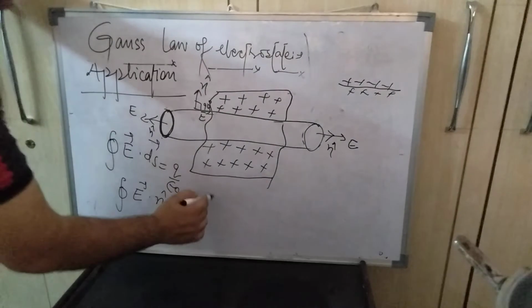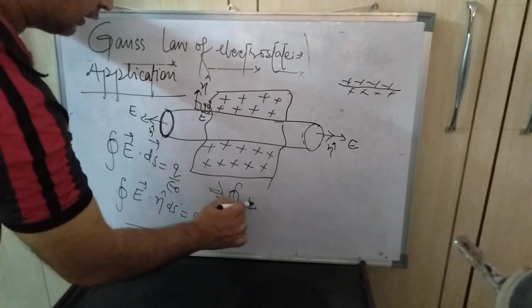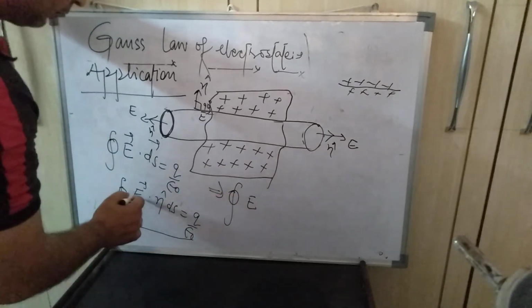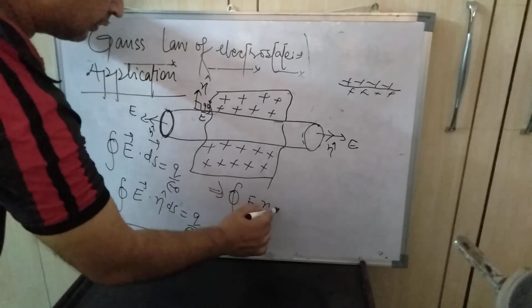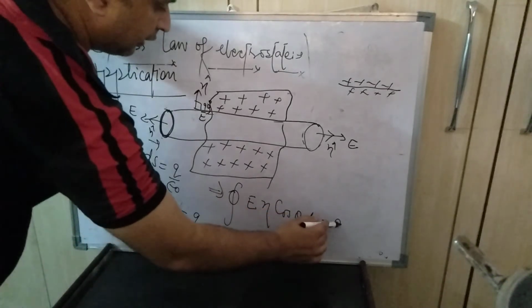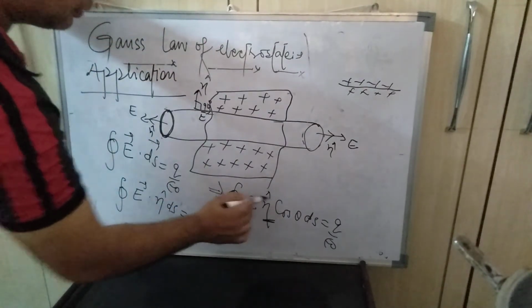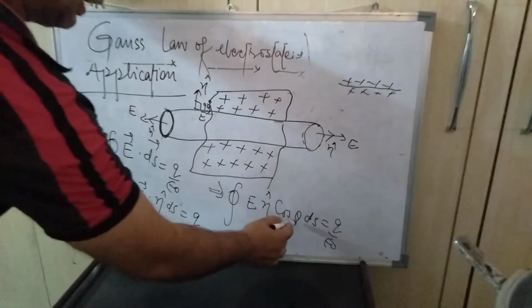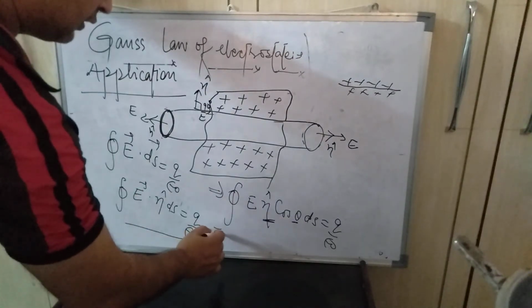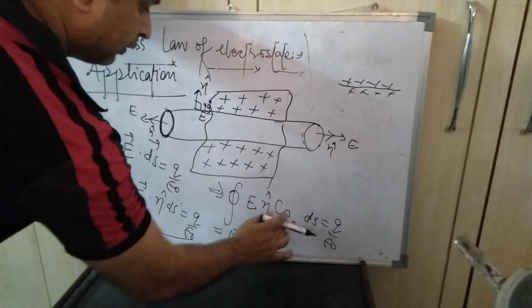What do we find? The integral of E n, the magnitude of it, may be written as E n cos theta ds, and that equals Q by epsilon naught. The magnitude of n is 1 and the angle is 0. Now it is E cos 0, which is 1.